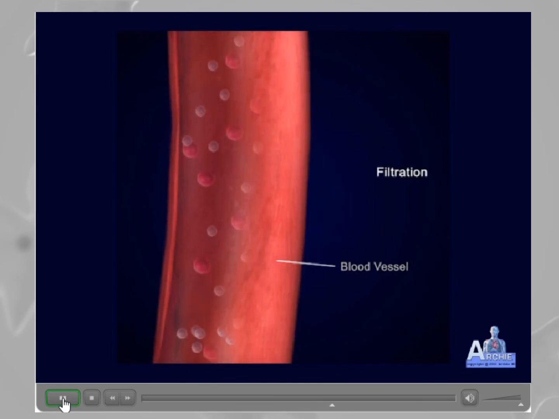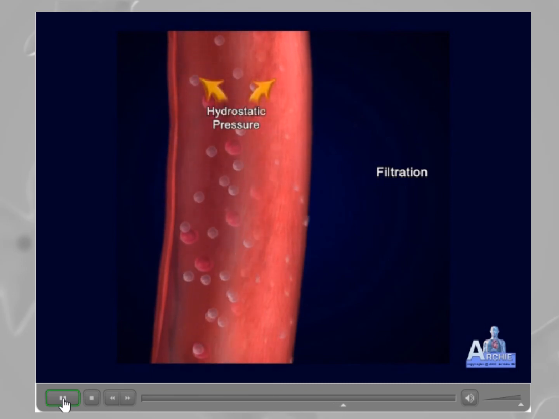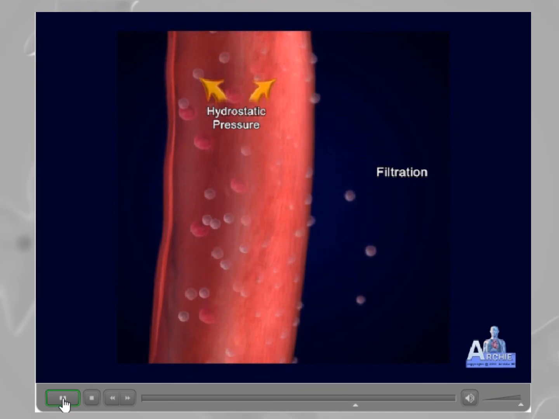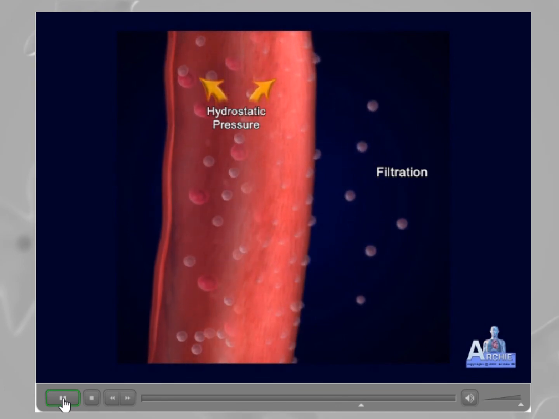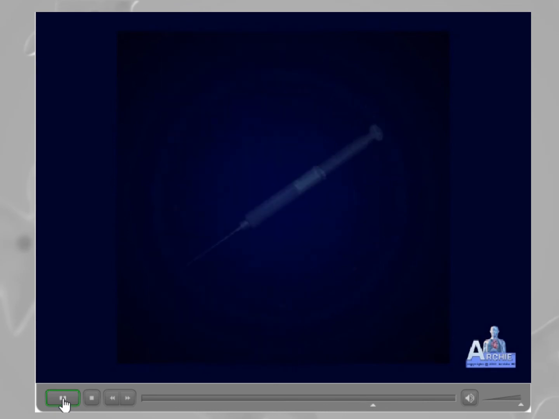This is showing you inside your body, you've got a certain concentration inside your blood vessels. There's a hydrostatic pressure of water. Some of the molecules will essentially be forced out because they're in higher concentration. Scary needle, syringe.